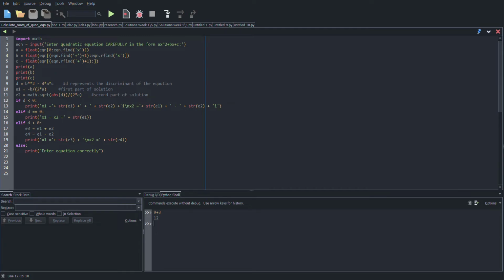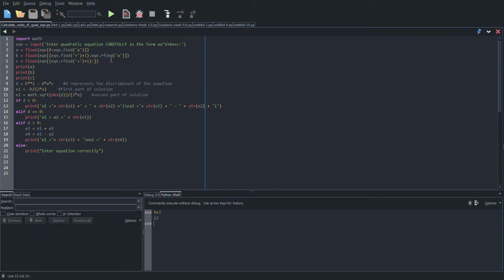And it does the same thing in B. So B also cuts out the number from where it finds the plus sign, actually plus 1, so it doesn't include the plus. So it cuts out all the characters from after the plus till it finds the last x.